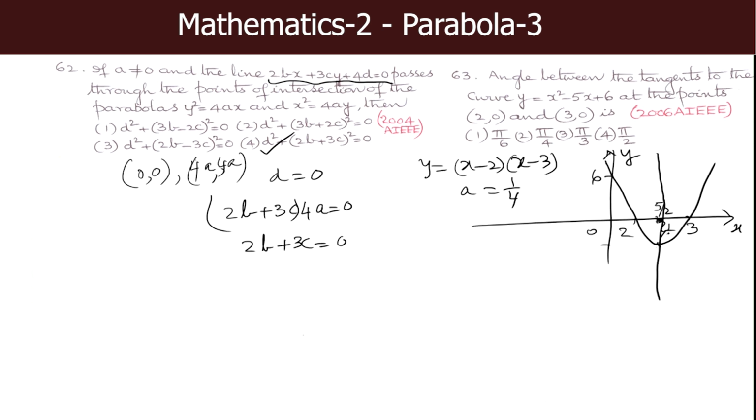This is 1/4, and therefore, this point is at a distance of 1/4 from the vertex of the parabola. This must be the focus. So, the focus for the parabola is 5/2, 0, and therefore, 2, 0 and 3, 0 are the extremities of the focal chord of the parabola, and therefore, the tangents drawn at these 2 points, 2, 0 and 3, 0, are at right angles to each other. Therefore, the angle between them is 90 degrees. Okay.